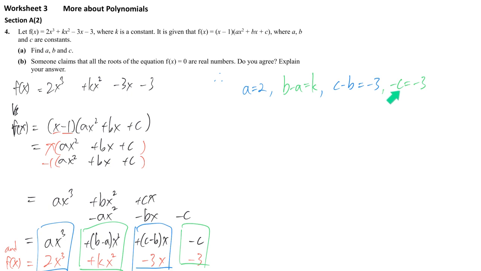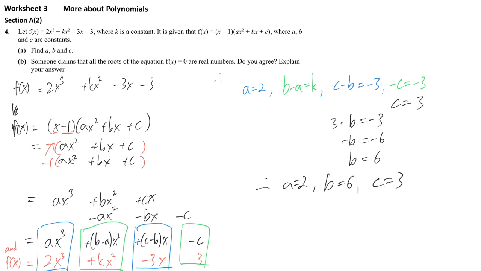The next one is useful because it gives us c very easily. c is equal to positive 3. Before that, we didn't know c and b together, but now we already know c. Therefore, 3 minus b equals negative 3, negative b is equal to negative 6, b is equal to 6. To conclude, a is equal to 2, b is equal to 6, and c is equal to 3.